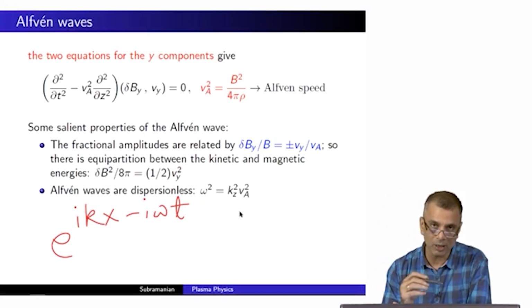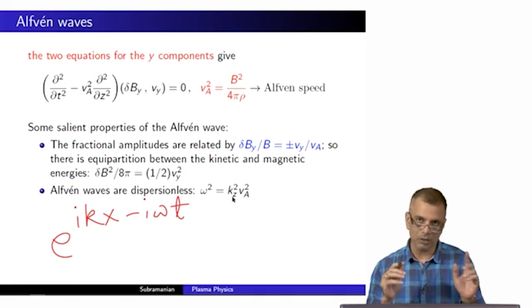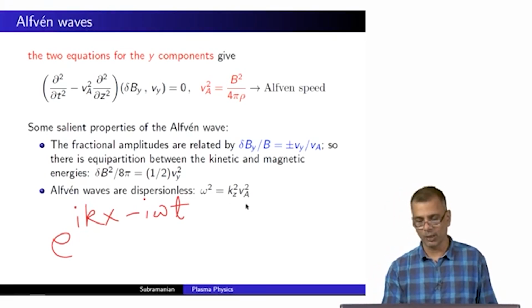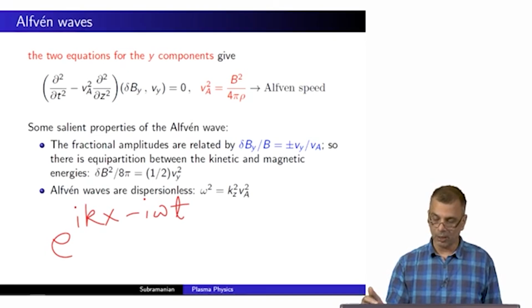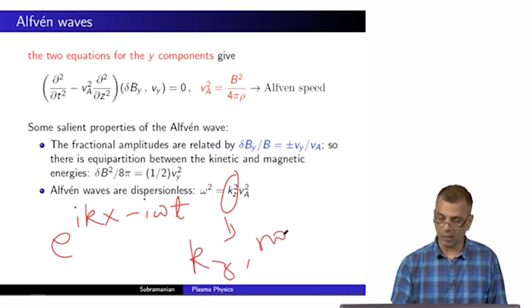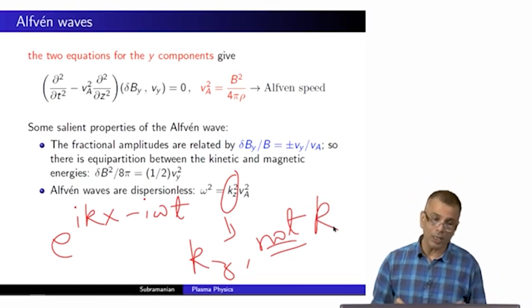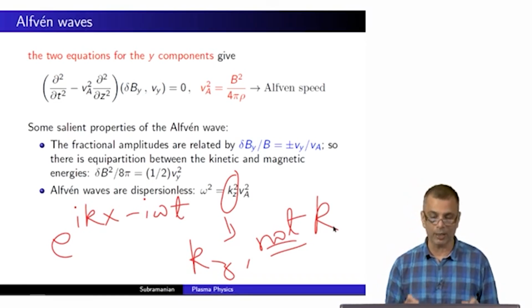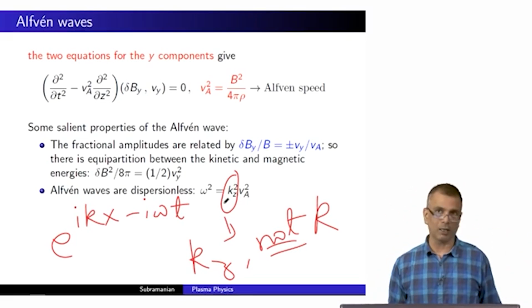As with the sound wave, the sound waves are also dispersionless, and so are the Alfvén waves. The omega over kz or the d omega over dkz are both not functions of omega itself, they simply involve the Alfvén velocity. However, please remember this is kz, not k itself, this is k only along the z direction, only along the magnetic field direction. So, this is one important difference between the sound wave and the Alfvén wave.